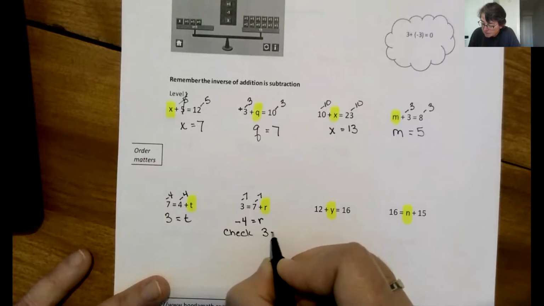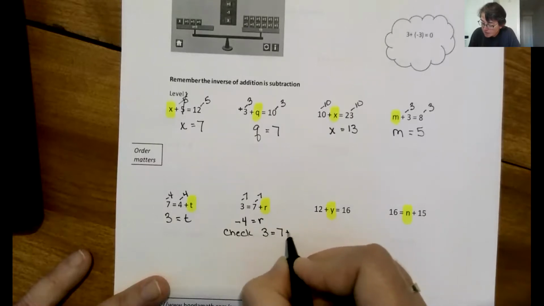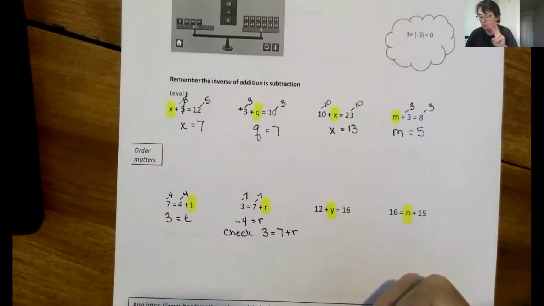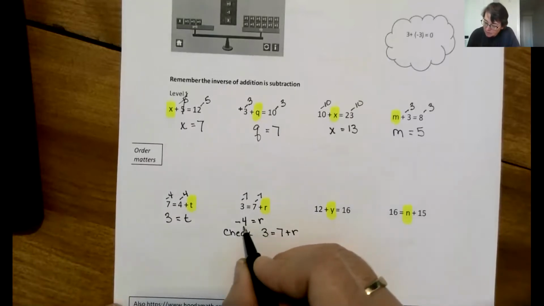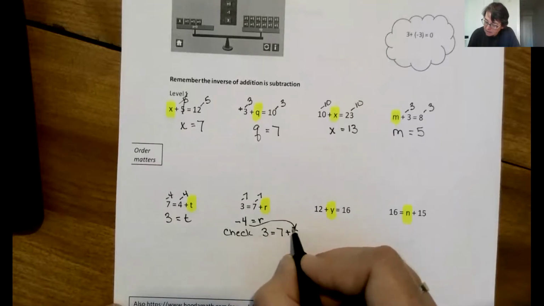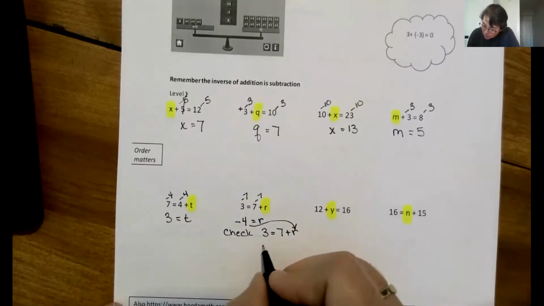You rewrite your equation. The second thing you do is you put in your answer. So instead of the r, I'm going to substitute that negative 4.